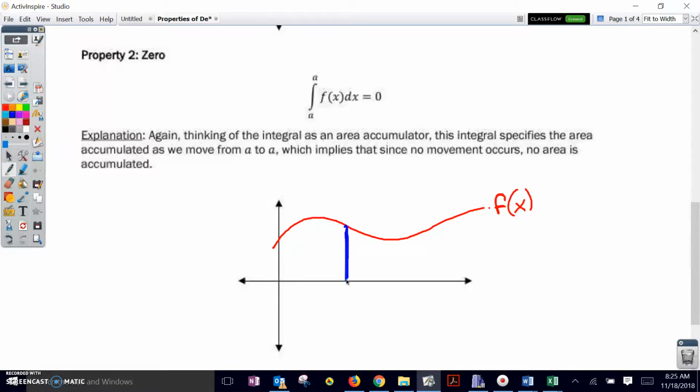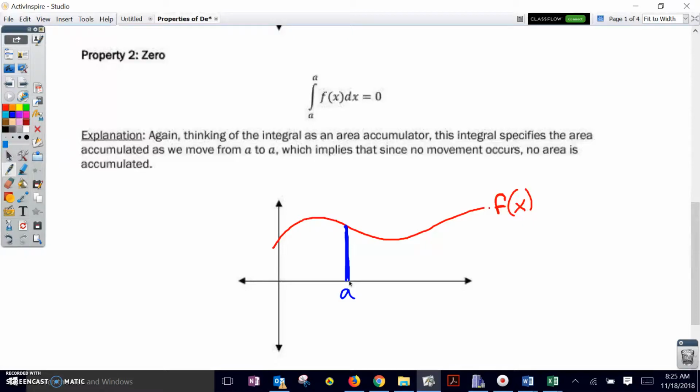So we think about this, and a doesn't move, and so the amount of area that's accumulated as I go from a to a, well, I haven't moved at all. And so no area is accumulated as I move from a to a, and therefore the integral from a to a of any function is 0.